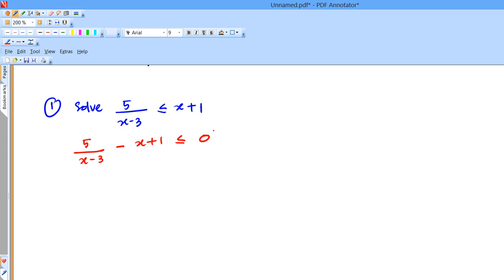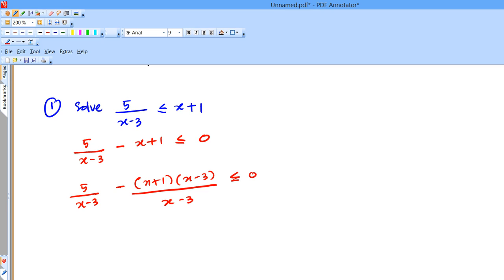To get the form P over Q, we multiply x plus 1 over 1 by x minus 3 over x minus 3, for both numerator and denominator. So we get 5 over x minus 3 minus (x plus 1) times (x minus 3) divided by x minus 3, less than or equal to 0.